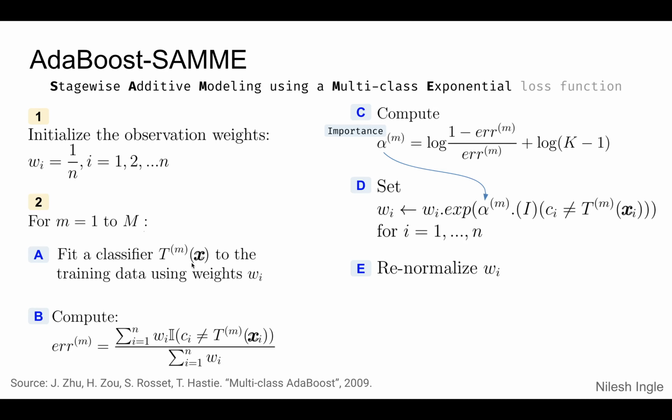So we fit the classifier, so we fit the tree and then compute the error as shown here. And then from that error, we compute the importance as shown here. And using that importance, the weight can be updated. And after the weights are calculated, we need to normalize so that the total of the weights is equal to 1.